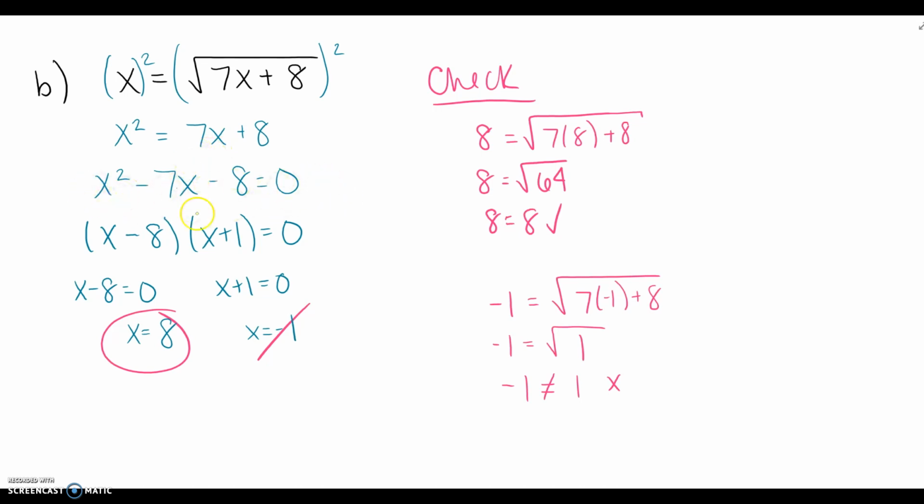But you get a quadratic, so you need to factor, and you get 2 answers, 8 and negative 1. And so you need to check to see if that is a solution. And then with a check, when you substitute in 8, you do get 8 equals 8. But when you substitute in negative 1, you get negative 1 equals 1, and that is not true.